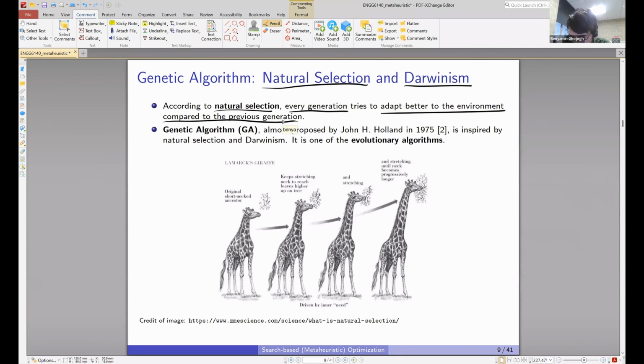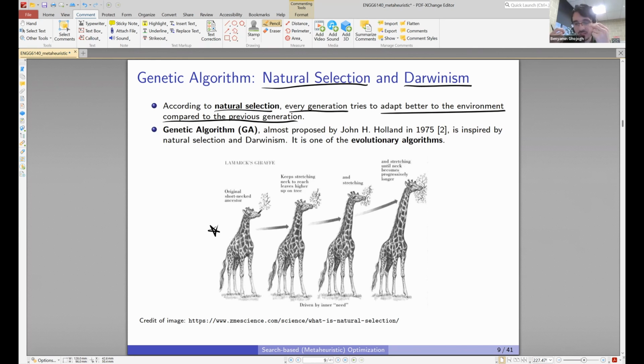It's a process. An example is a giraffe. Initial giraffes might have had shorter necks, but maybe some of the giraffes had some mutation or some changes in their genes, and they had slightly longer necks.